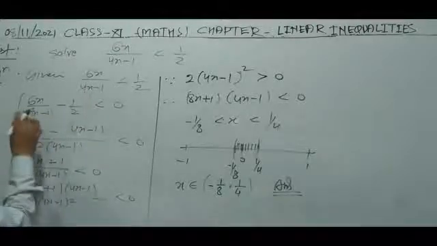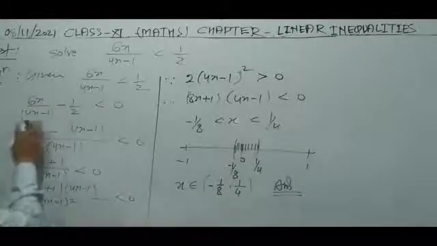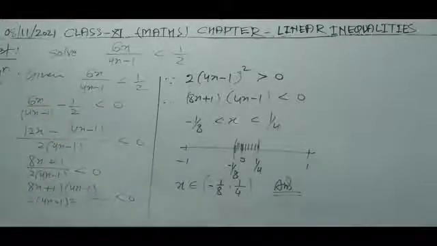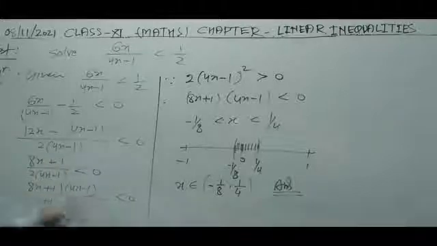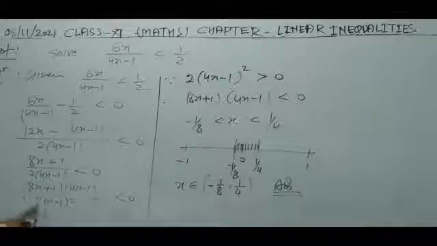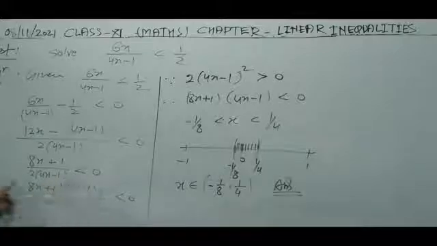this result will be 12x minus 4x minus 1 in bracket and 2 times 4x minus 1 in the denominator. After rationalizing by the 4x minus 1 term, why are we rationalizing? Because the denominator term will be squared, and you know a square always gives a positive result. So this will be positive and the result is negative, so the numerator must be negative.